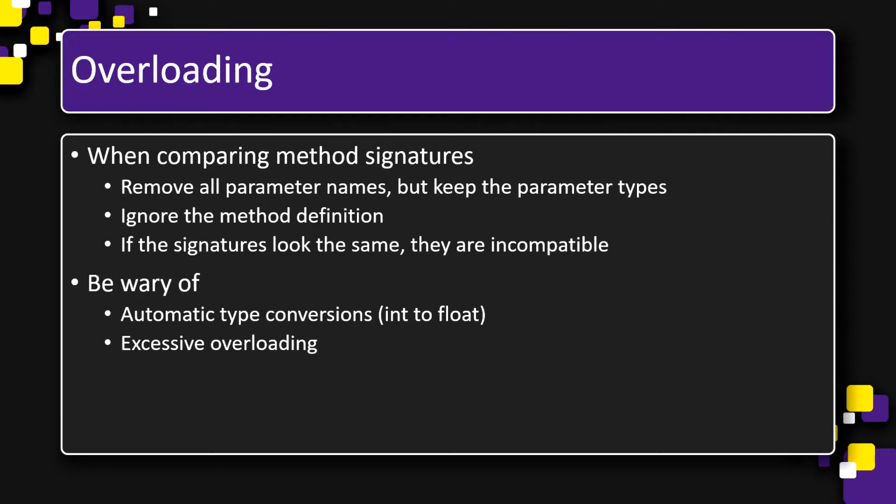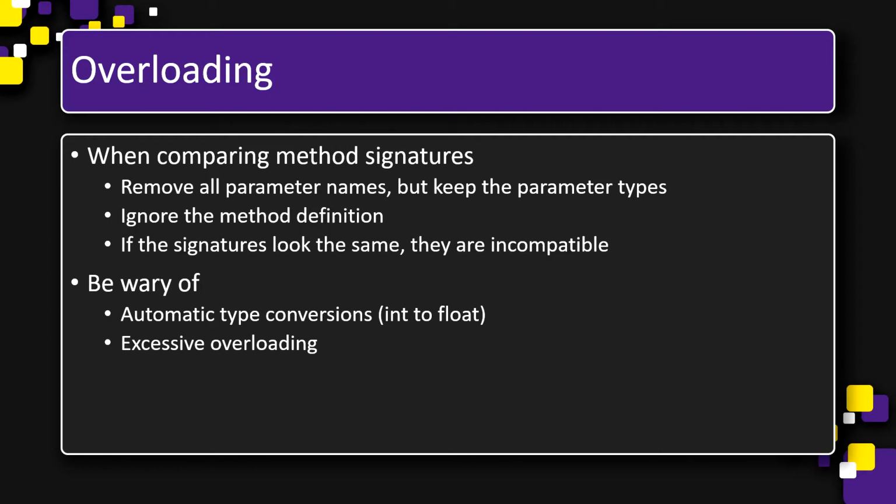When comparing method signatures, you want to remove all of the parameter names, but keep the parameter types and ignore the method definition. If the signatures look the same, then they are incompatible, meaning that you won't be able to define them. So again, when you have a method signature that is the public void method name, right, and then the parameters listed in that method, take out the names of your parameters and ignore the definition of how you're actually implementing that method.